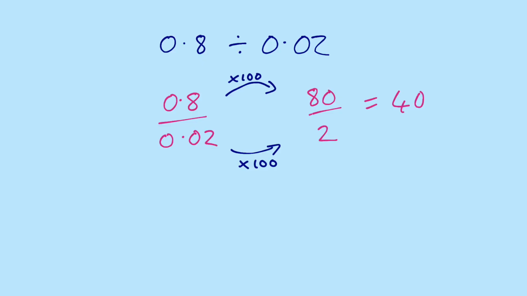Now just in case you're doubting whether 0.8 divided by 0.02 is the same as 80 divided by 2, let me just make this clear. So 80 divided by 2 is 40. If I was to multiply the 80 and the 2 by 10, let's write it below, it would be 800 divided by 20.